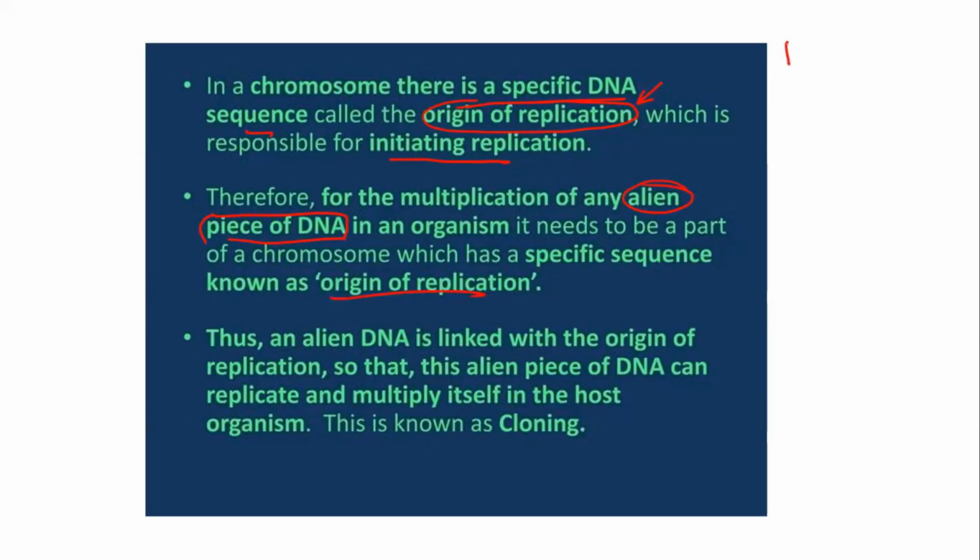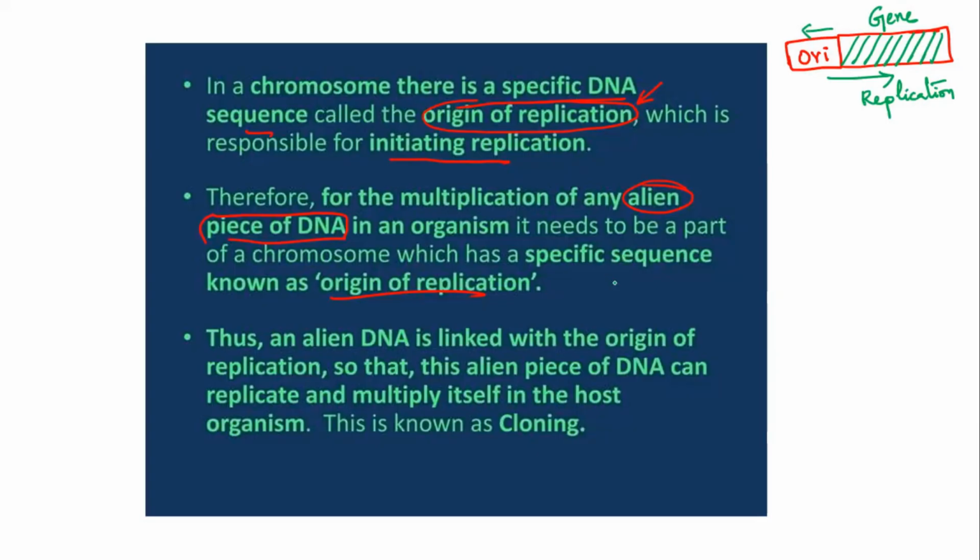So that means the ori site should be accompanied by the gene of interest. So if this is the gene of interest, then this should have an ori site preceding it so that it can carry out replication. That means it can create a clone, it can create a copy of itself.